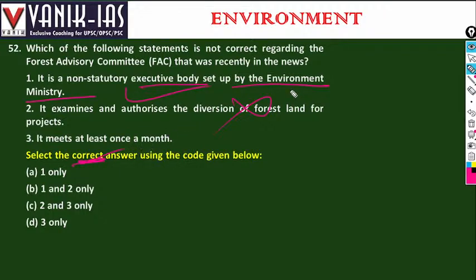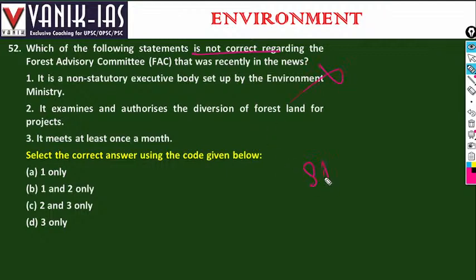First statement, which of the following statements is not correct? See, this is wrong. Here they have asked what is not correct. The question pattern is changed. So generally the question is, which of the following is not correct regarding the Forest Advisory Committee? Okay. It's a non-statutory executive body. No, this is wrong.